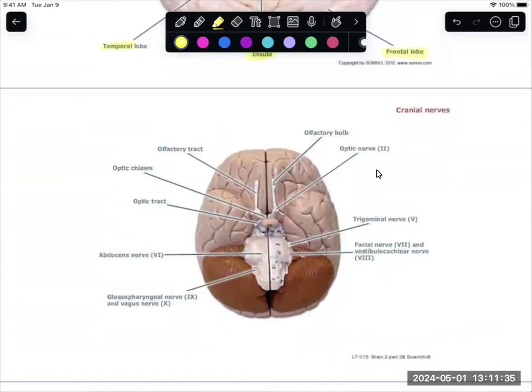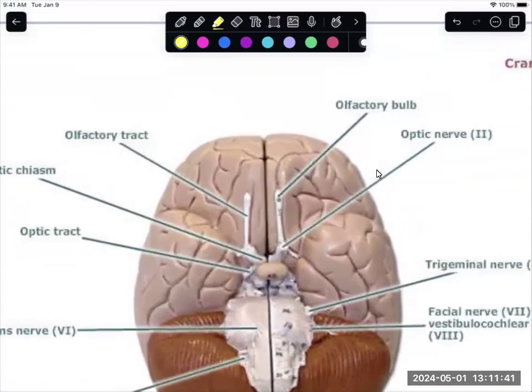Okay, let's go into some of these cranial nerves. This olfactory bulb is part of that cranial nerve 1, which is that olfactory nerve. That is cranial nerve 1.